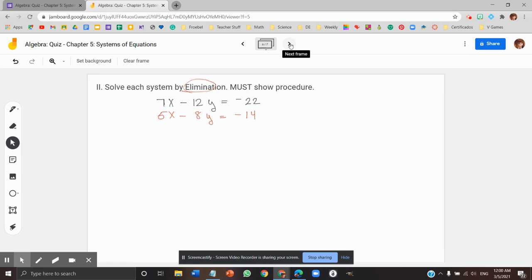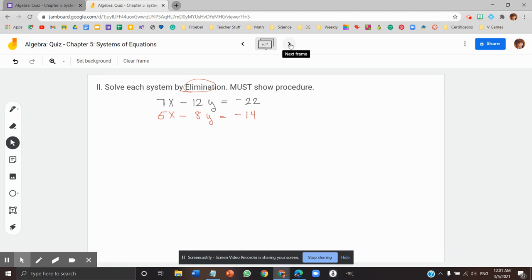Well, if I multiply that 12 by 2, I can make it a 24. And if I multiply that 8 by 3, I can have a 24. Therefore, I can cancel them. But not just anything, right? I have to multiply by a negative number too here. But I'm going to go piece by piece, don't worry.